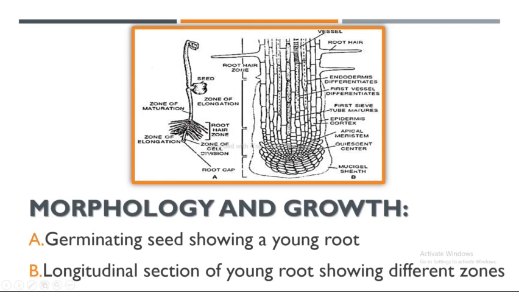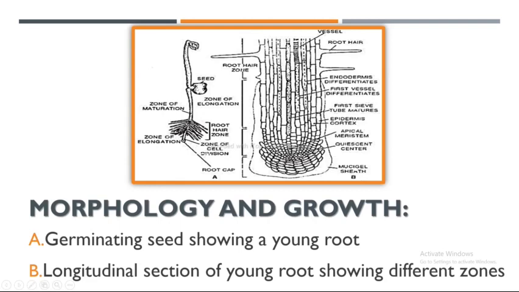You can see clearly that this is a seed, and this is the zone of maturation. This is the root hair zone and this is the zone of elongation. In the last, you can see this is the zone of cell division and this is the root cap.